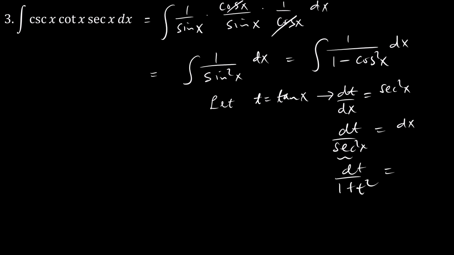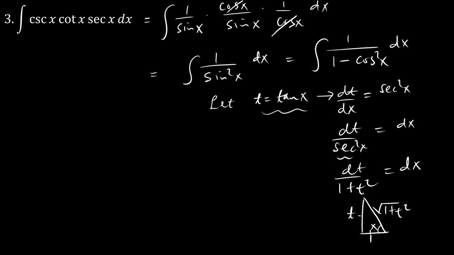Also, to understand what is happening here, by letting t be equal to tangent of x, if we say the base angle is x, then tangent being opposite over adjacent is t over 1, and the hypotenuse becomes the square root of 1 plus t squared.